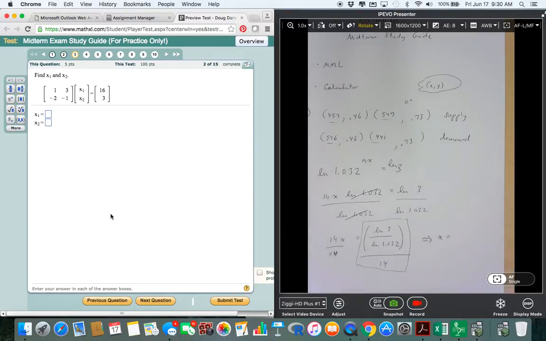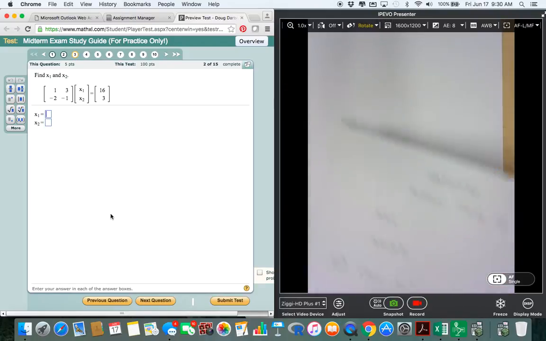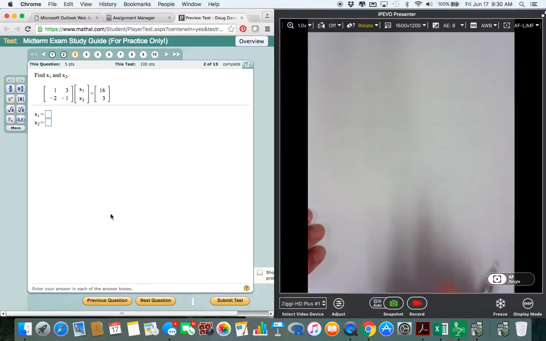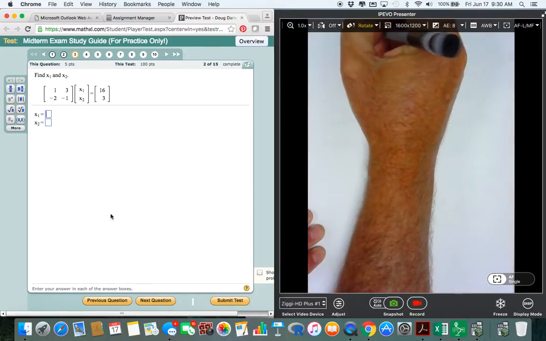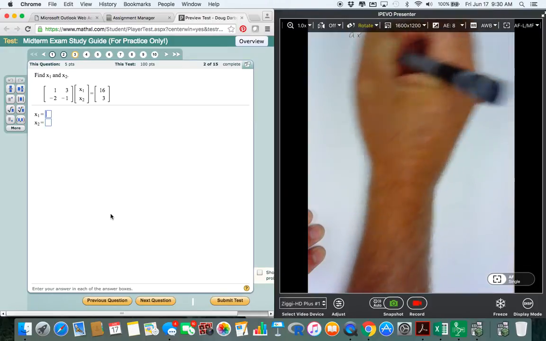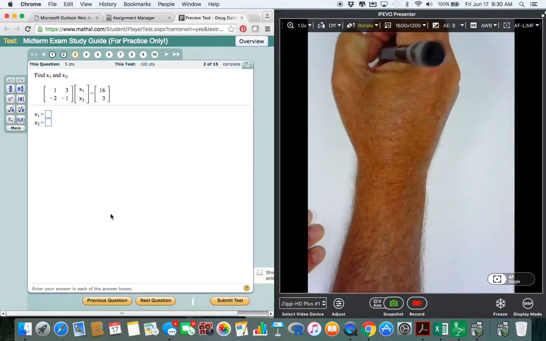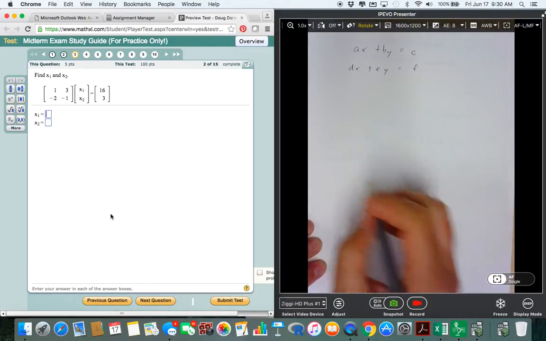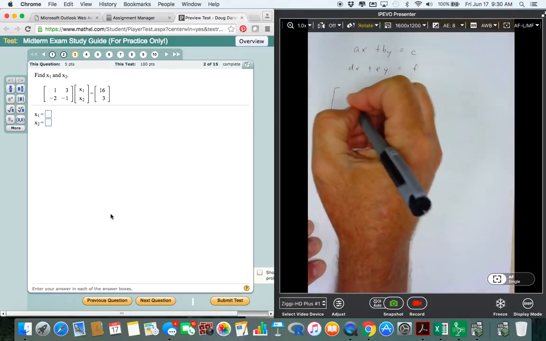Now, next thing is a matrix problem. And this kind of problem gives students fits, but if you remember, if we have ax plus by equals c and dx plus ey equals f, then we can solve this using an augmented matrix by taking what?